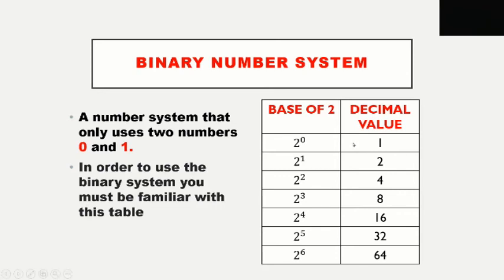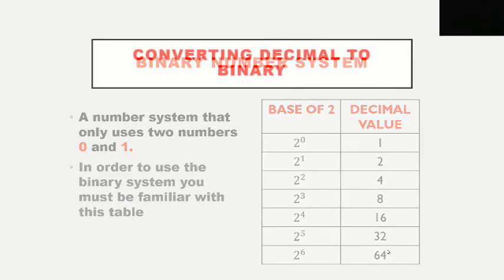To find the decimal values, 2 raised to 0 is always equal to 1, since any number raised to 0 is 1. 2 raised to 1 is 2. 2 raised to 2 is 4, or we can just multiply each decimal value by 2. So 1 times 2 is 2, 2 times 2 is 4, 4 times 2 is 8, times 2 is 16, times 2 is 32, times 2 is 64, and so on.